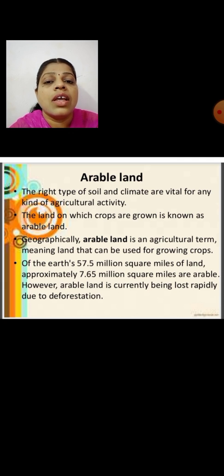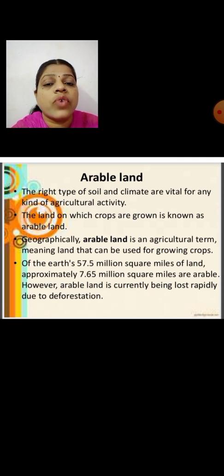And this arable land is currently being lost. Why? Children, what is the reason behind this? Please think about that. What may be the reason behind the loss of this arable land? Yes, the reason is deforestation. What is meant by deforestation, children? Yes, cutting of trees.